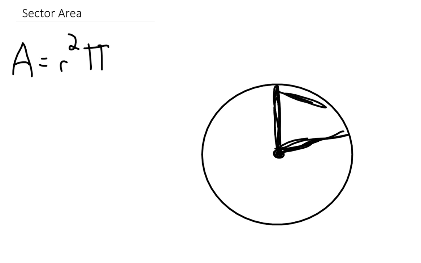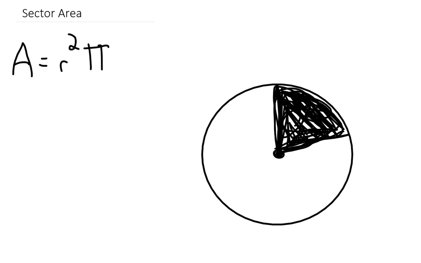And if we're talking about the sector area, then we want to find how much area that section or slice, that sector, takes up. And really the formula is very similar to the area of a circle.